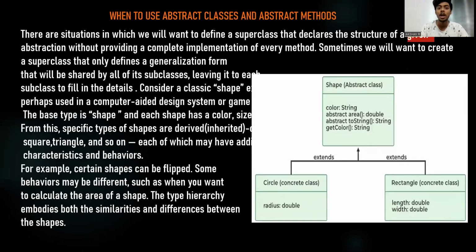So now, coming to when to use data abstraction and in which particular scenarios we need to use it. There are some particular situations where we'll be using data abstraction, in which we want to define a superclass that declares the structure of a given abstraction without providing a complete implementation of every method.